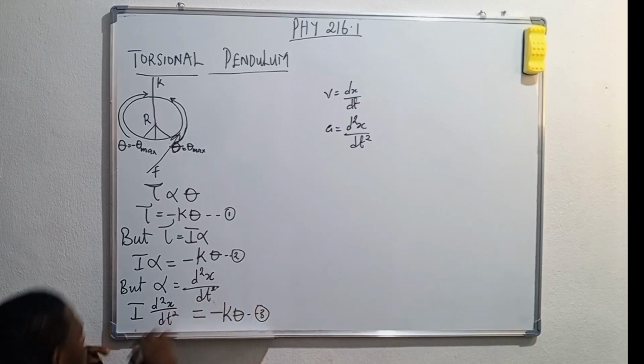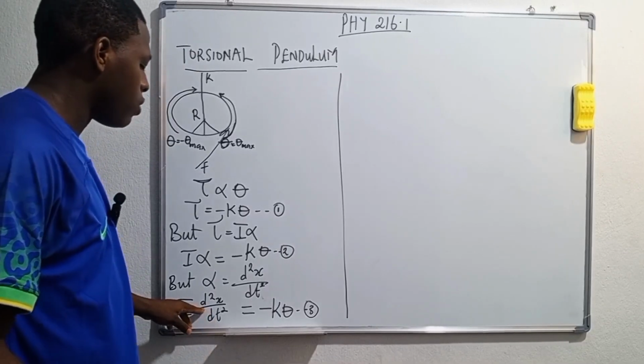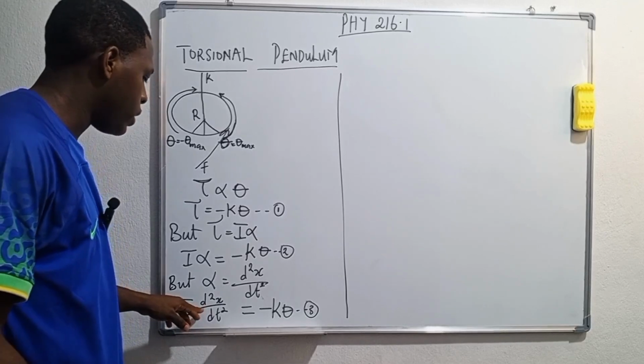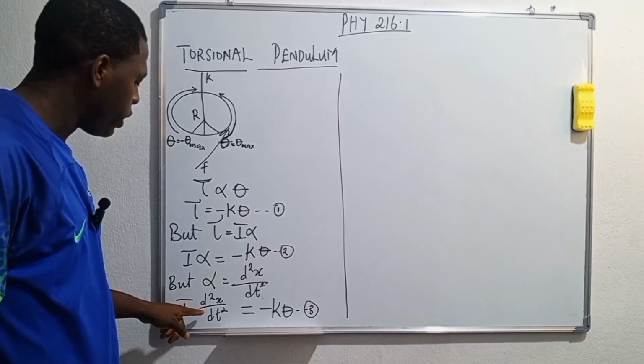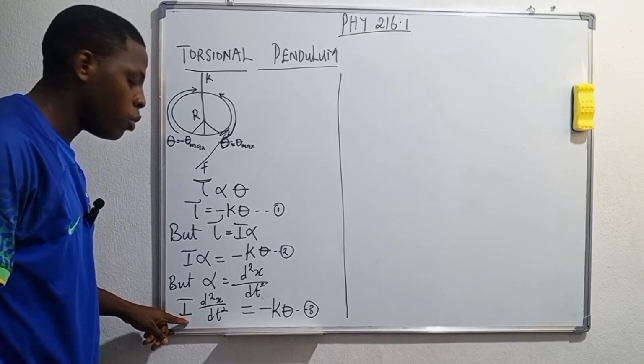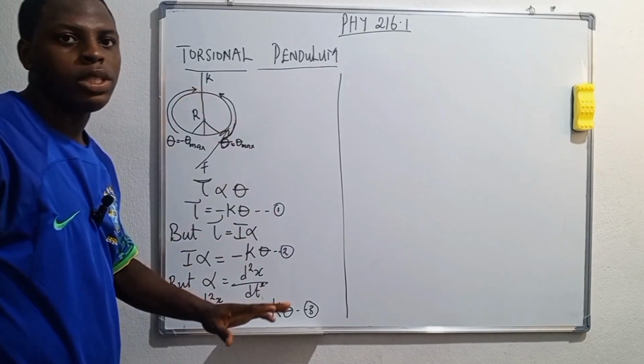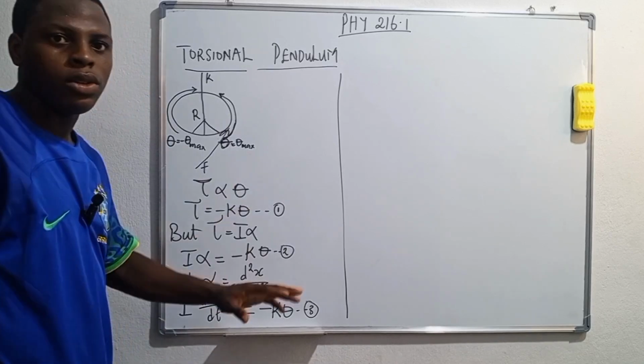Let's call this equation 3. Now, I told you earlier that d square x over dt square is multiplied by the moment of inertia. Always let this term stand on its own.